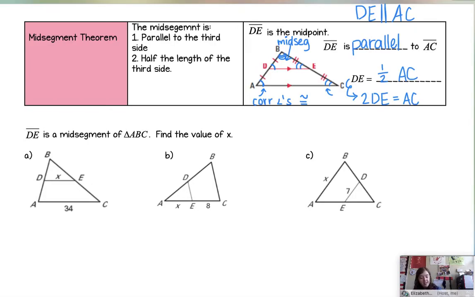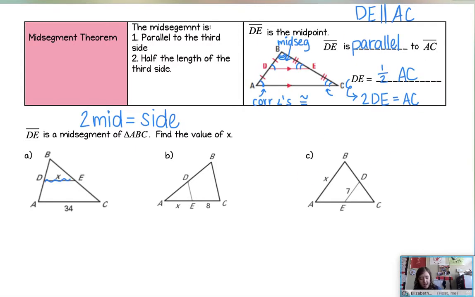Okay, so DE is the midsegment of ABC. We want to find the value of X. And we want to remember that 2 times the midsegment is equal to the third side. I'm going to keep that little note with me. So DE is my midsegment, right?